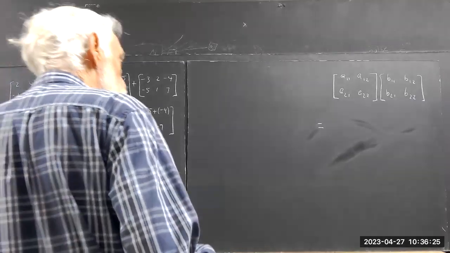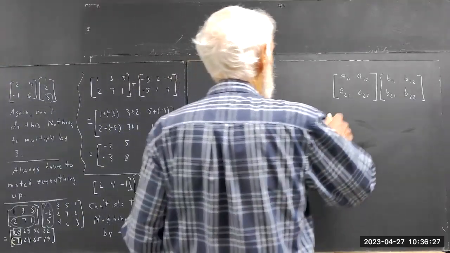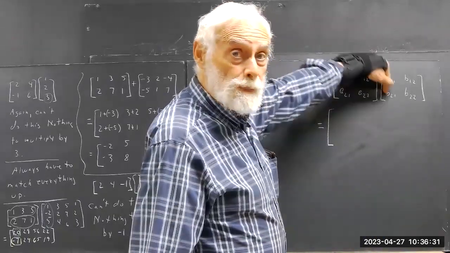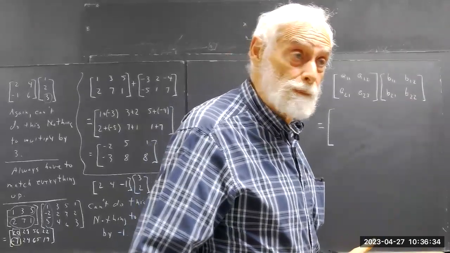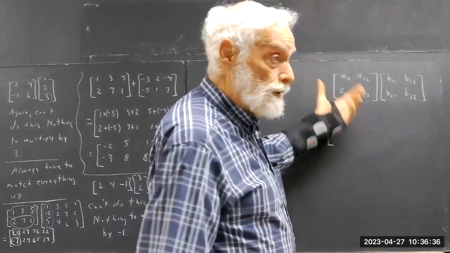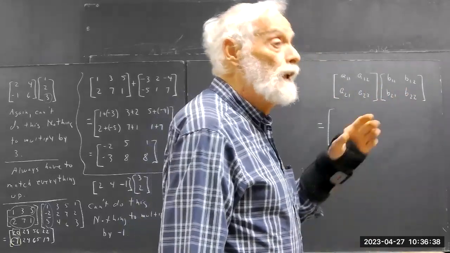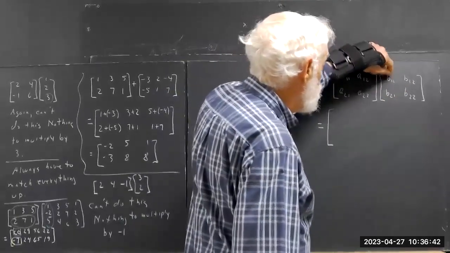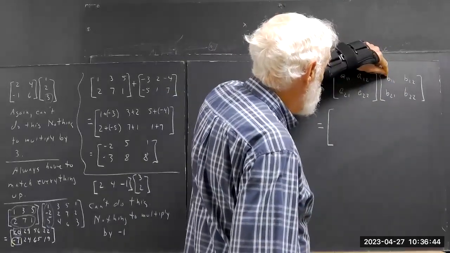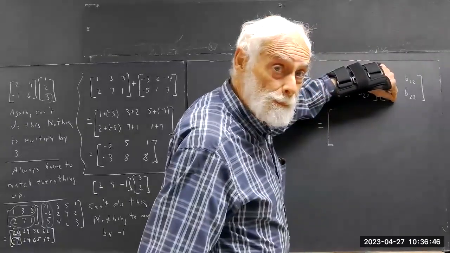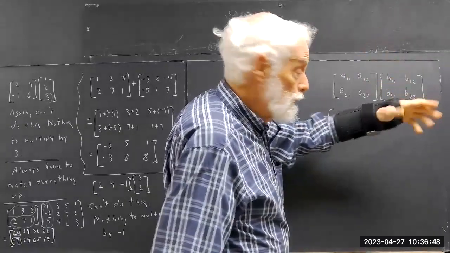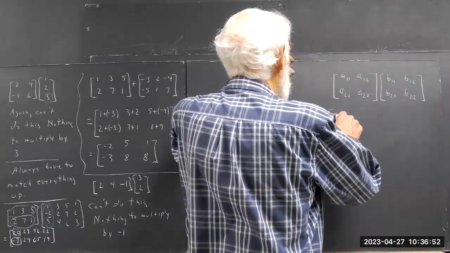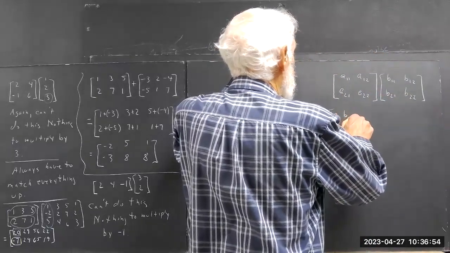Okay, in case you're having a little trouble getting started, let's do the first row times the first column. That's what you do with a matrix. If it doesn't have numbers, you just take whatever's there with whatever symbol and do the operation. And the operation is first row times first column, means this times this plus this times this, right? That's what we've been doing with the numbers. So A11 times B11 is just A11 B11.